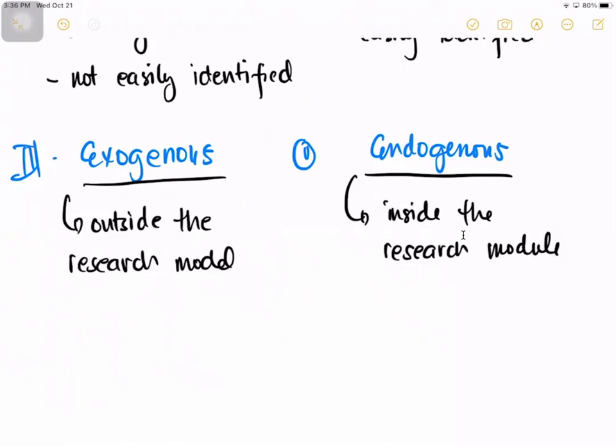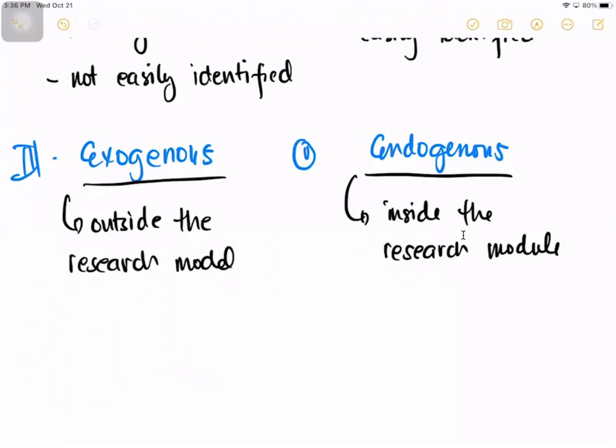Later, when we discuss experimental and non-experimental variables, you would know that if a variable does not exist within the model, it can be confounding or extraneous. So that's how we're going to understand it.